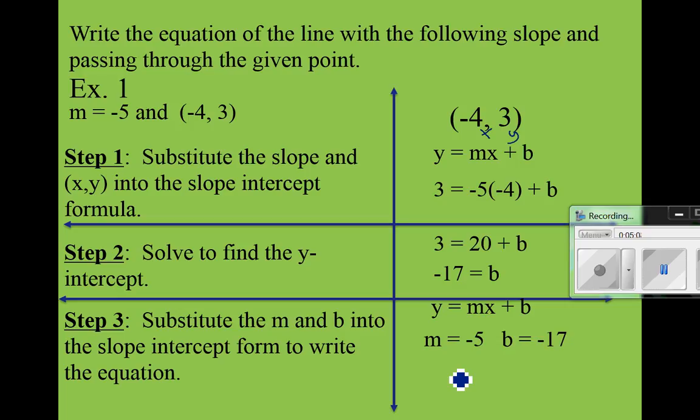Can you substitute them in on your own and write the final equation? Please do that. Your final answer would be y equals negative 5x minus 17. And that would be the equation that you would be able to graph on a coordinate plane.